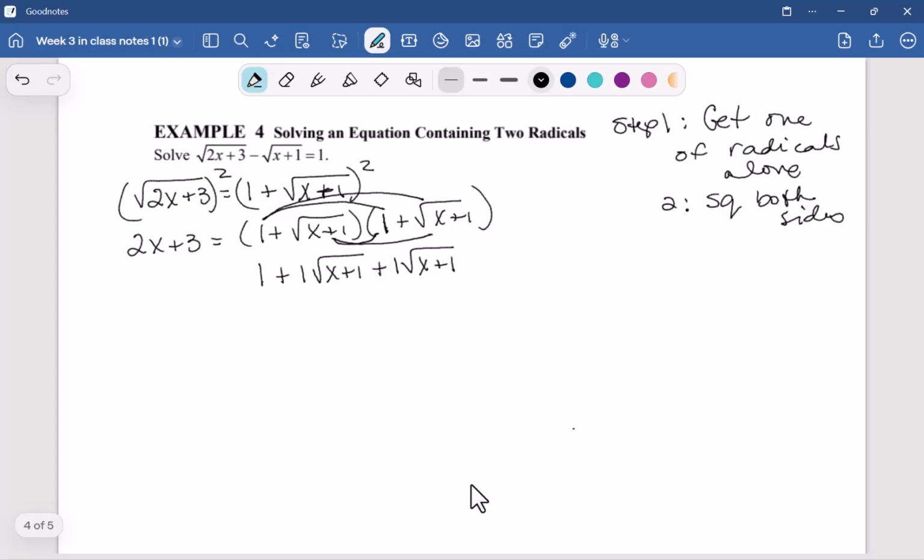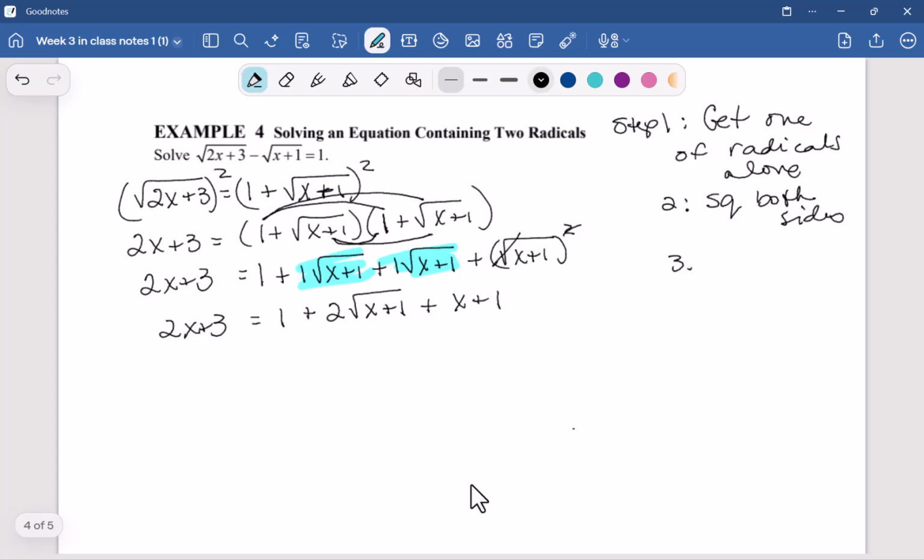Square root of x plus 1 times the square root of x plus 1 is the square root of x plus 1 squared. So then you have one of them plus one of them makes two of them. And then the squared and the square root cancel. Equals 2x plus 3.